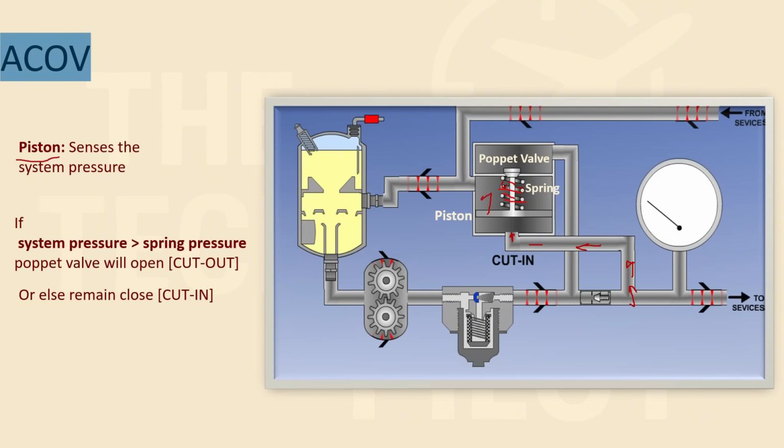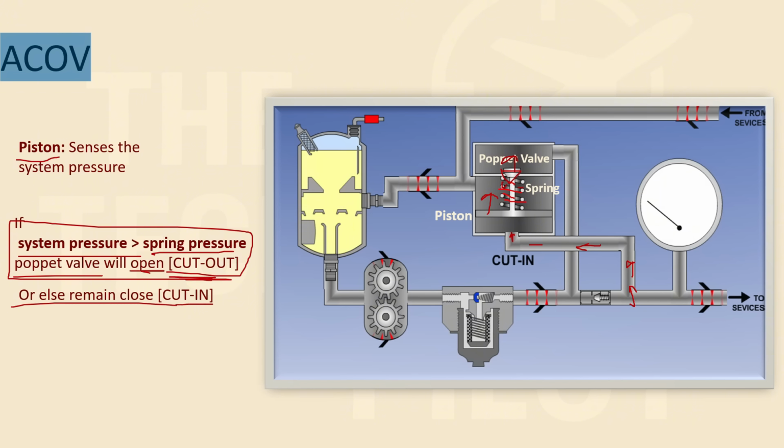The piston will move up, and as the piston moves up, this poppet valve will also move up and will open this particular valve. When the poppet valve moves up, that position will be known as the cut out position, right?